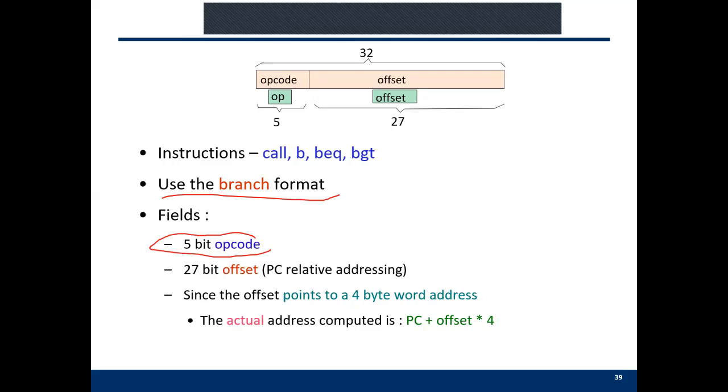The opcode is also 5 bits. The other 27 bits can be used as the offset. The offset will point to a 4-byte word. The actual address is computed like this, which means that these 27 bits are enough for the offset encoding.